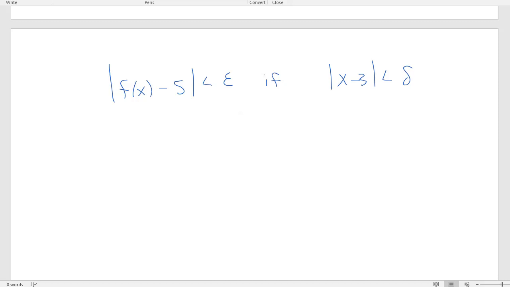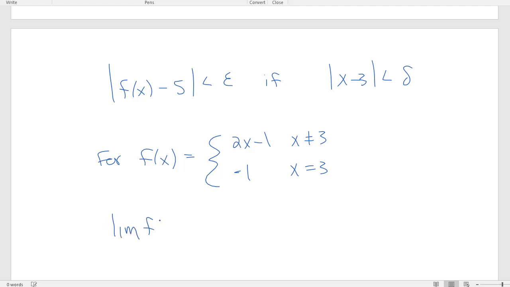Now in this particular case, we found out that if we choose some number epsilon, the delta would be epsilon over 2. So for this specific example, let's say f of x equals 2x minus 1, the limit of f of x as x approaches 3 equals 5, and it is defined in the following manner.